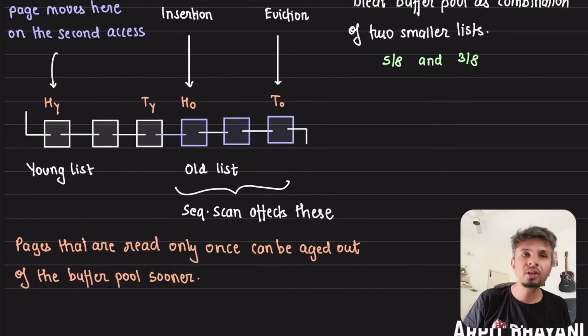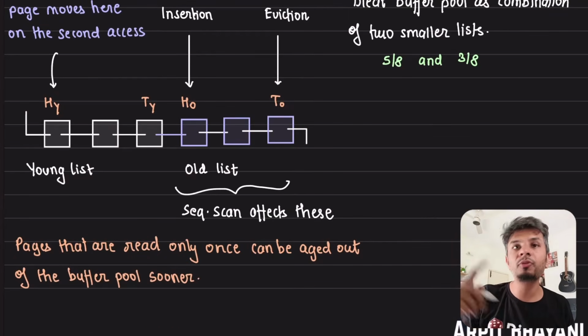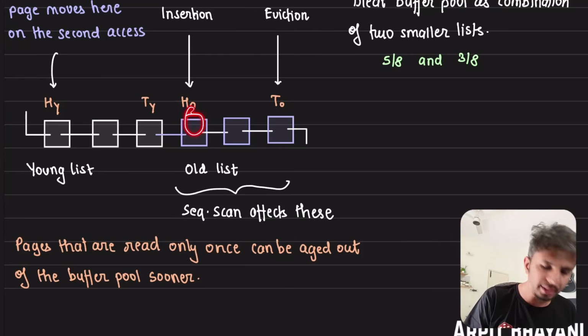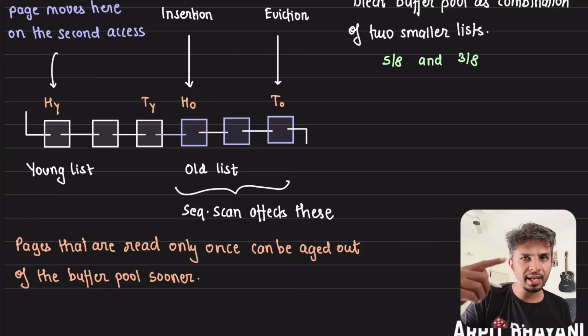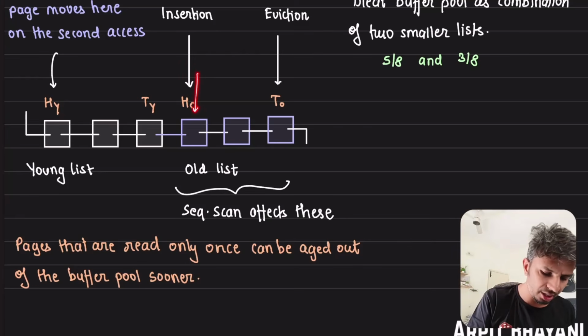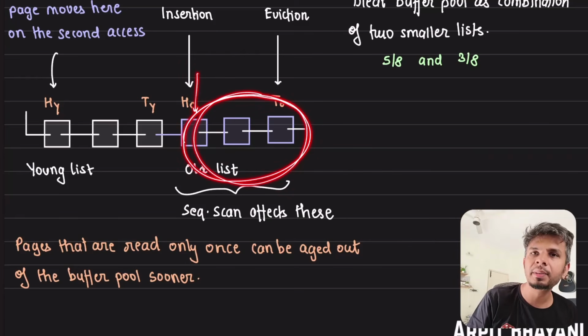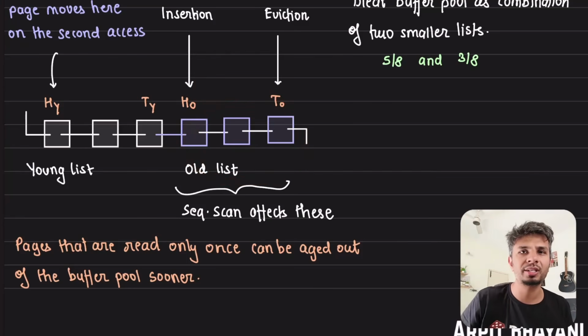This helps because imagine you are doing a full table scan. When you're inserting, it gets inserted here. And if you do a full table scan, your code doesn't have to change. The insertion happens over here, and only the 3/8 of the list gets replaced with the pages of the table that you just iterated. Not the entire cache gets wiped out because of that.